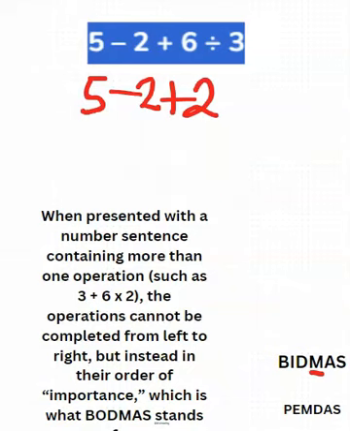Let's assume that you didn't know about the second rule. You will definitely get it wrong here because you will go for addition first before subtraction. Let's go for 2 plus 2 and that will give you 4, right?